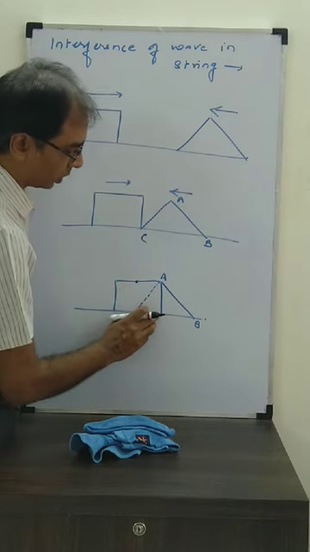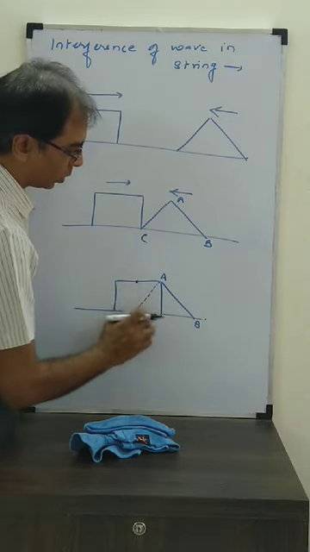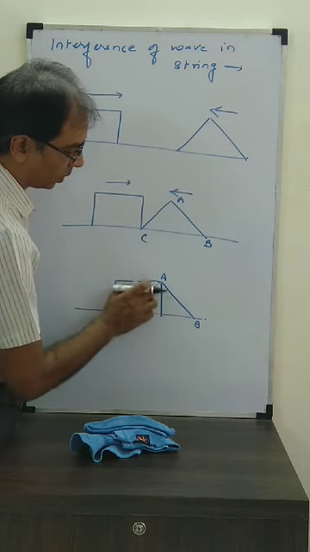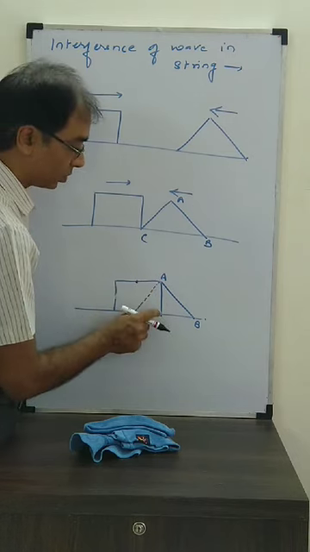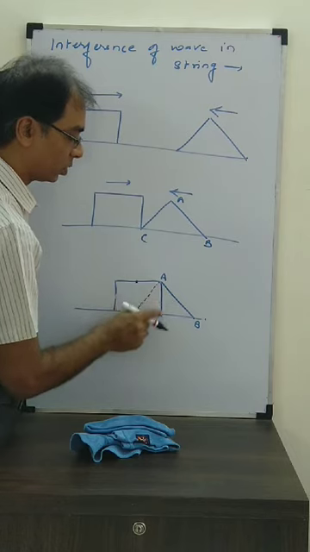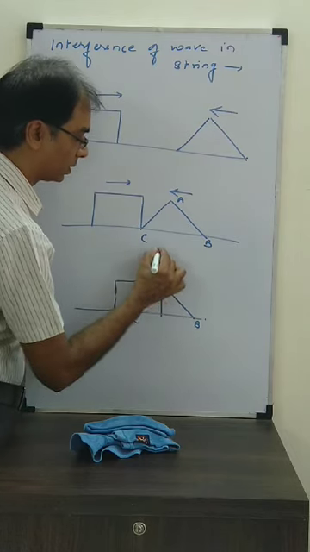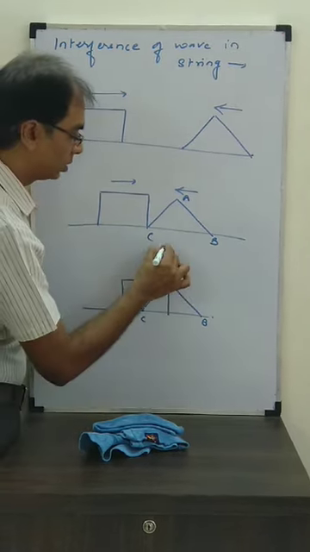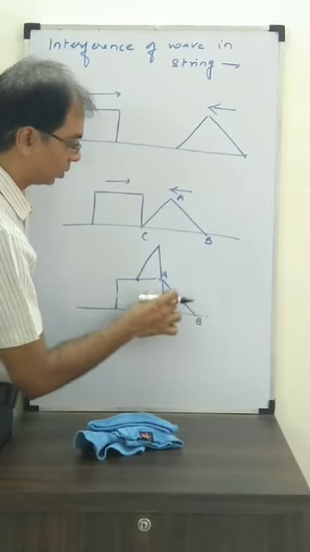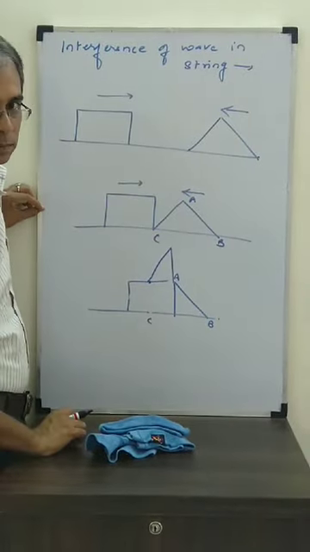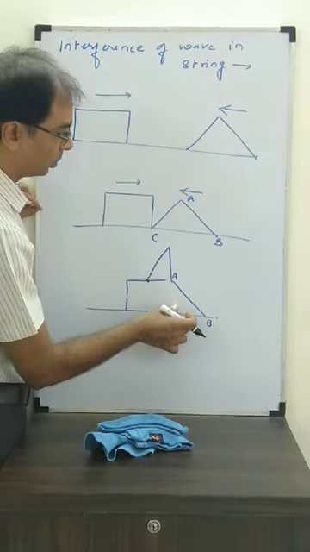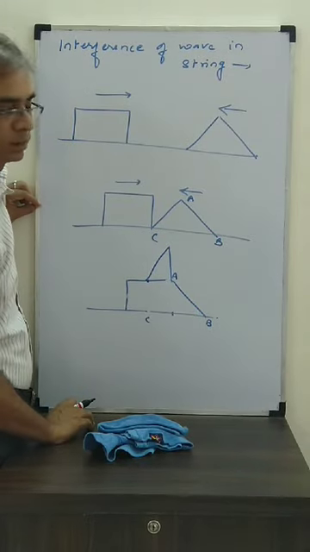Okay, let's see this point. At this point, the rectangle's displacement is this, and the triangle's displacement is also this. So it will be added. It will go like this, and then you can join it. So this is how the pulse will look to us.